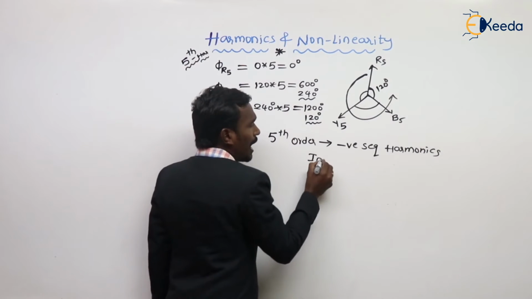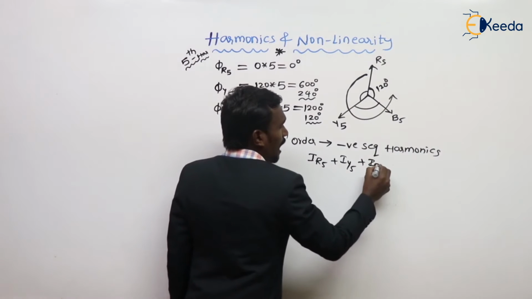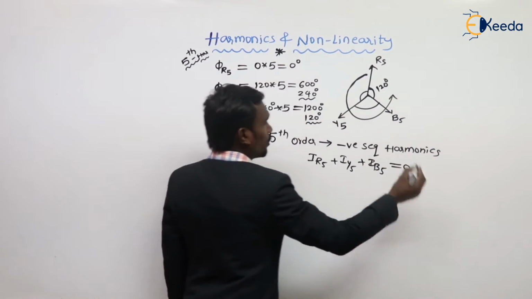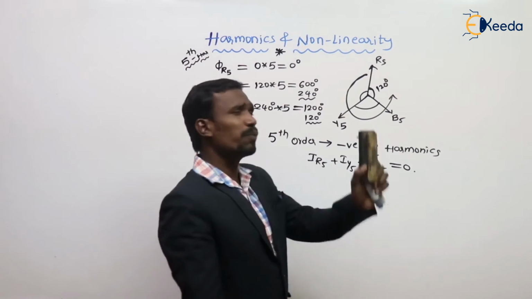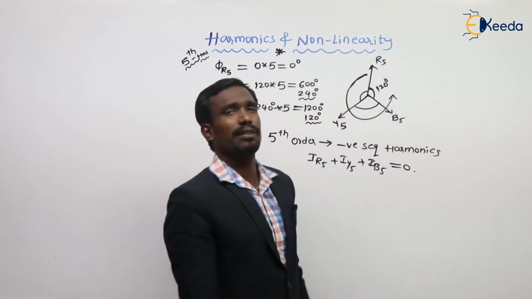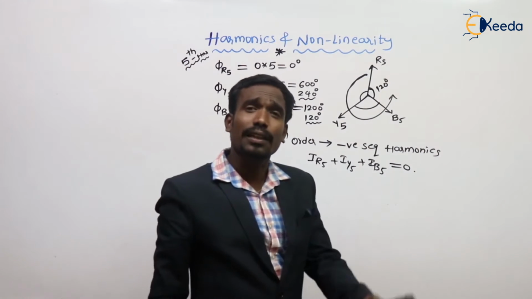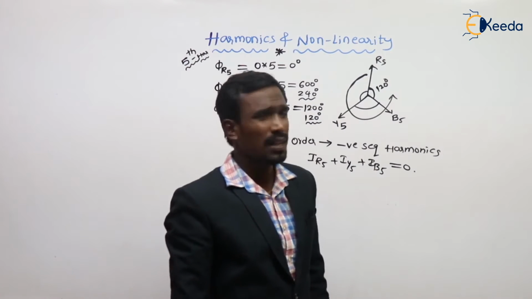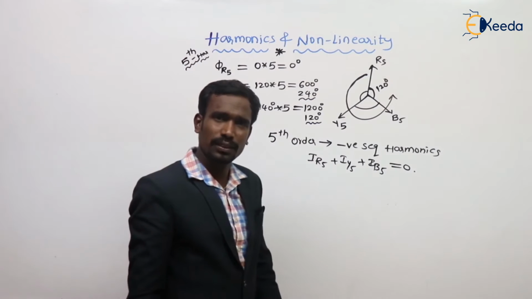That's why IR5 plus IY5 plus IB5 is exactly 0. No problem with fifth order harmonics. This is about the fifth order harmonics or negative sequence harmonics.